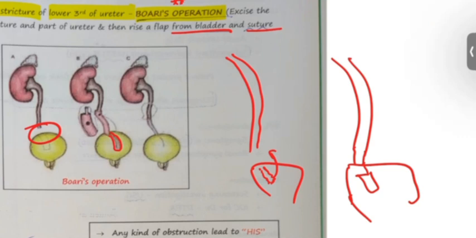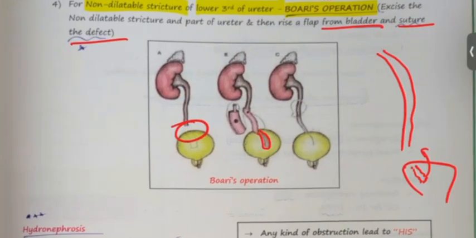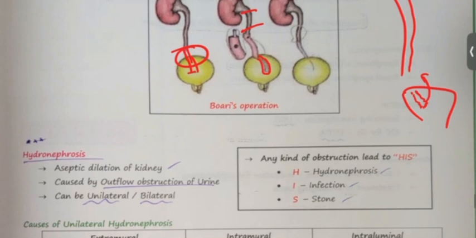Okay, so this becomes a complete ureter now, and this is called Boari's operation, which is used in non-dilatable stricture of the lower third of the ureter, because only in the lower part can we raise the flap and easily connect it; otherwise we can't. Okay, so this was about genitourinary TB.